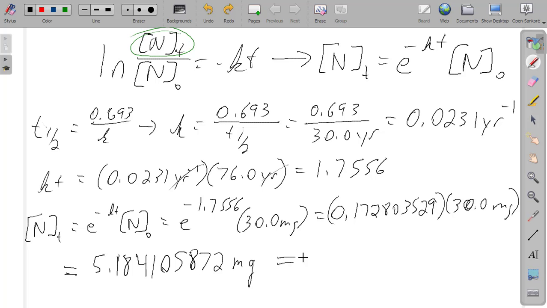Okay, now working through, because we have to round this just like always. The numbers that matter were the 30.0 years, the 30.0 milligrams, and the 76.0 years. So when we did all this, the 30.0 years gives 3 significant digits, which coincidentally was how many it was in the raw anyway. 76.0 is still 3 significant digits, so we should have 3 here.